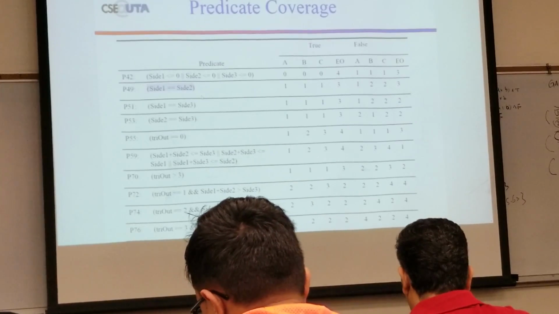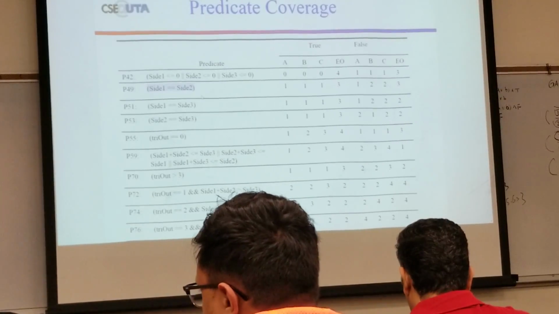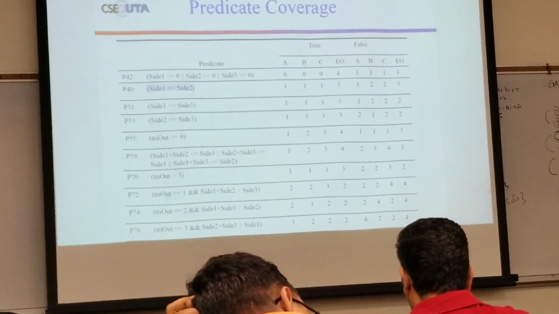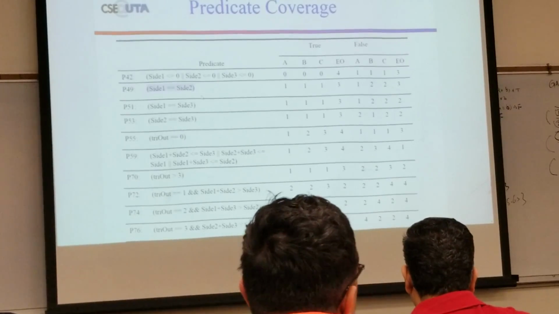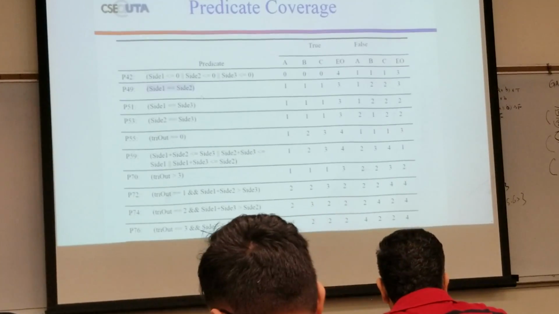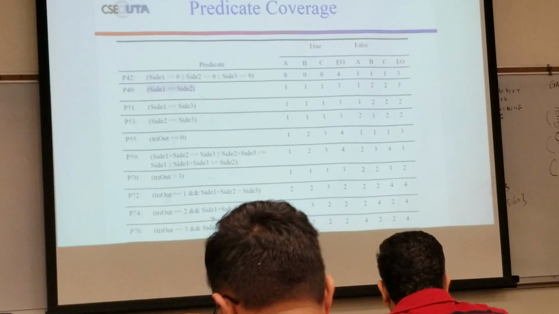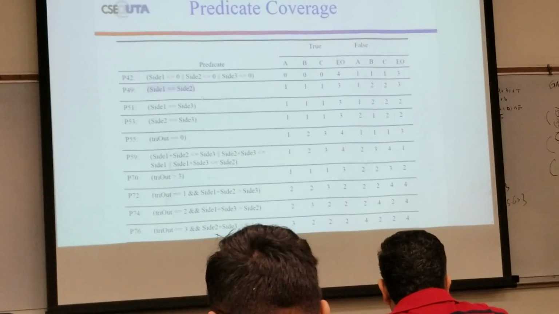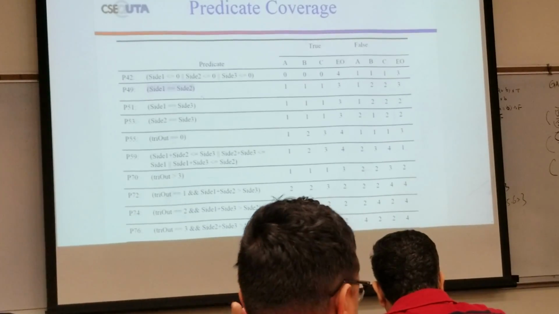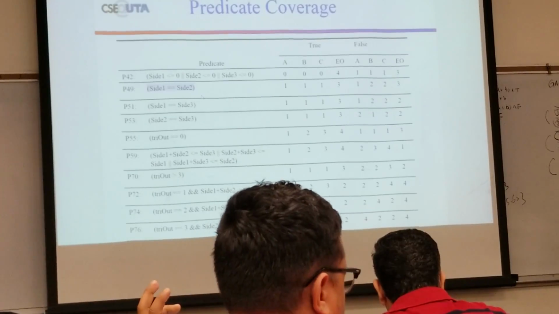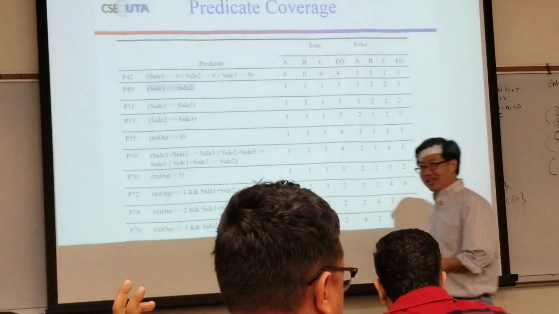Remember, you have 3 types of triangle. If you have a negative number, it's an embodied triangle. So that's the expected output. This test case, if you apply it to the predicate, will evaluate to true, right? But it's not going to work for us, right?